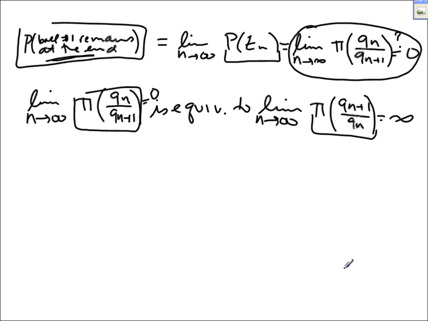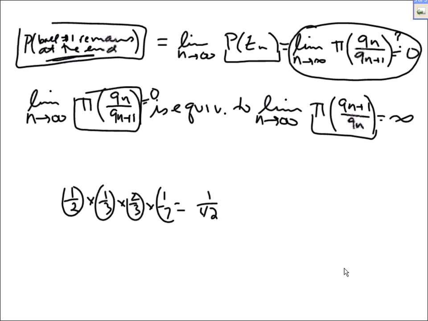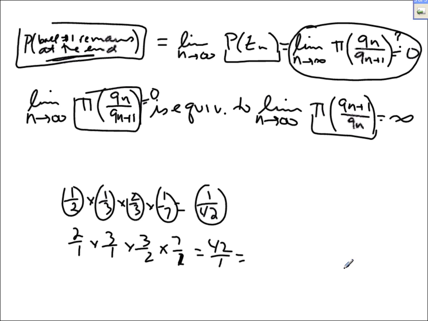Okay, for example, if 1/2 times 3 times 2/3 times 7 is 1 over 42, well then if I take the reciprocals, 2 over 1 times 3 over 1 times 3 over 2 times 7 over 1, I'm going to get the reciprocal, 42 over 1, or 42. I just get the reciprocal. Okay, no magic there.